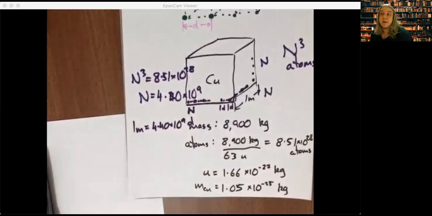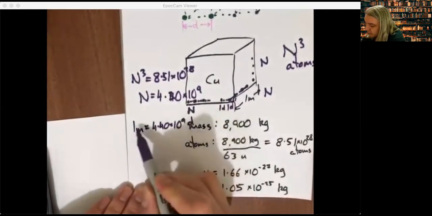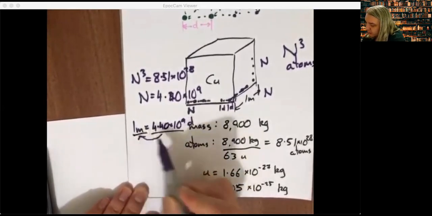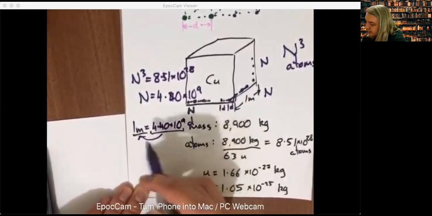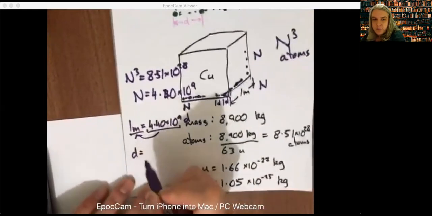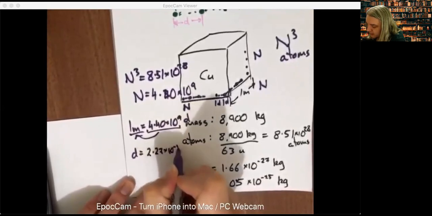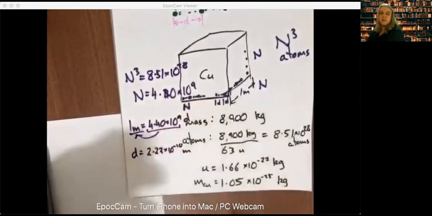So we can just rearrange that for d, for the distance, and obviously then you're going to get 1 meter divided by this many. So that's going to go into the bottom of the fraction, and you get out that d is equal to 2.27 times 10 to the minus 10 meters.